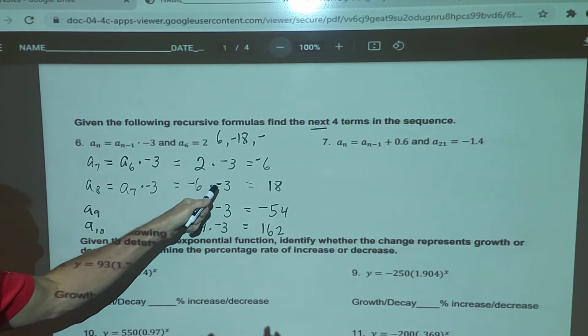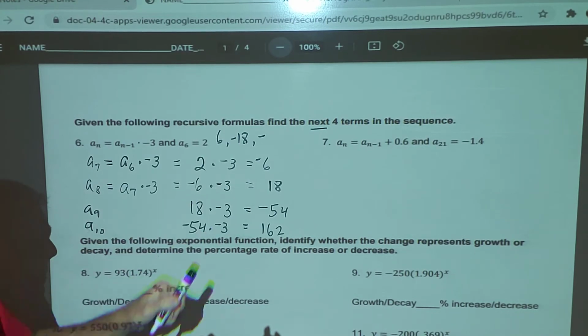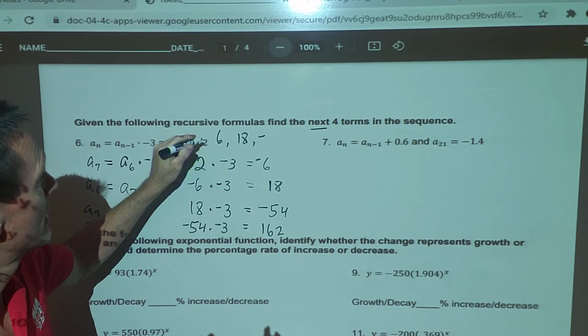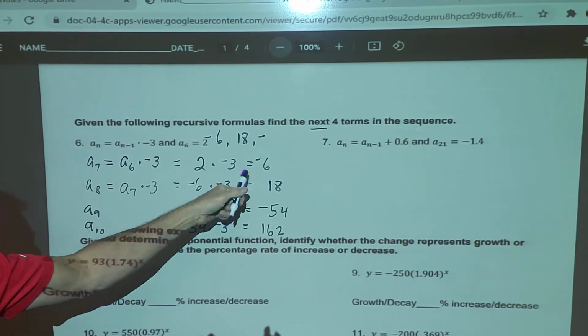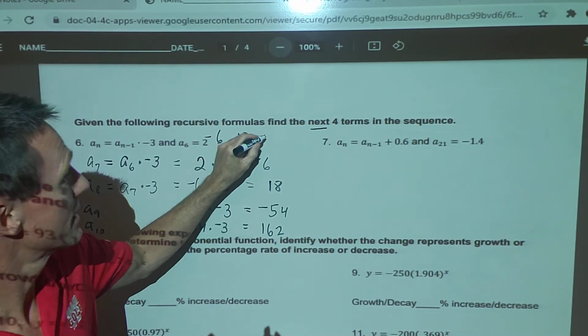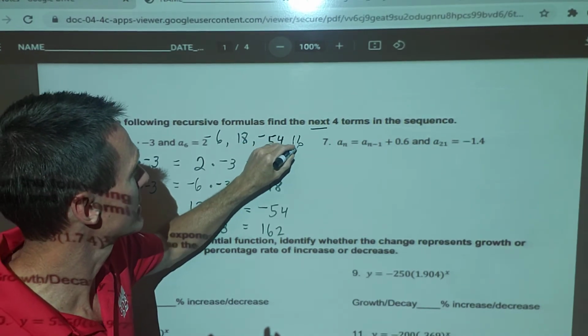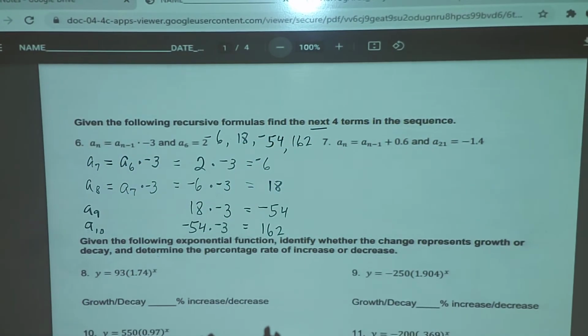So negative 6 times negative 3 is positive 18. Our signs should alternate every time. And then we got fixed back up there. I'm not sure why I had that sign backwards. But we should have negative 6 for the first term, positive 18 for the second, negative 54, and then positive 162. So again, you have to be careful with your signs.